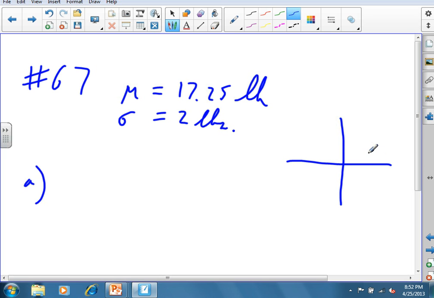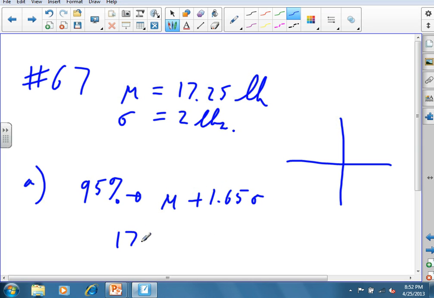oh, there we go. 95th percentile is going to be mu plus 1.65 sigma.